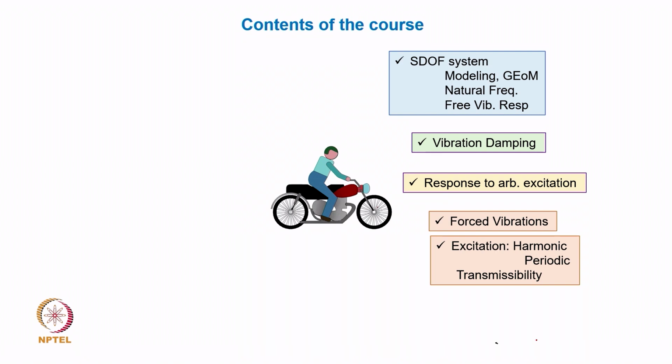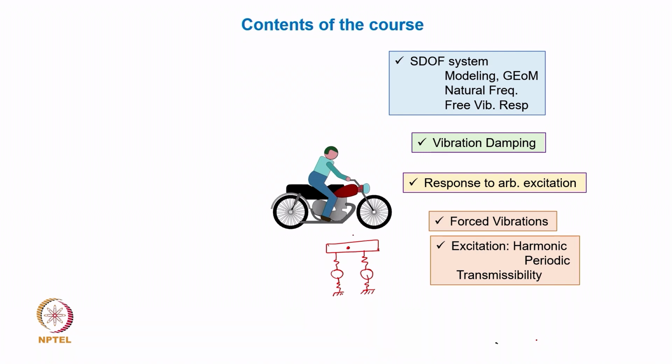Like for example, in this case, if the wheel mass is significant and you model the chassis and the rider mass as one rigid mass, and then the suspension springs, the two different suspension springs here, and then the wheel itself like an individual independent mass, and then the stiffness of the tire will be modeled like another spring. So, then the system becomes a little more involved, and not only that, it is the degree of freedom.